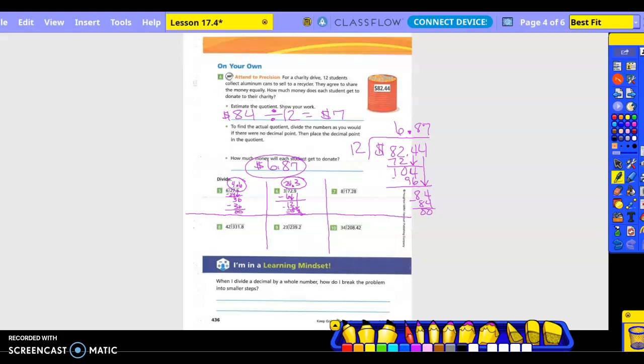Okay, next one. Am I dividing by a whole number? Yes, so my decimal can go straight up. Right, 8 goes into 1, how many times? 0 times. 8 into 17. 2 times. 2 times 8 is 16, 17 minus 16 is 1, bring down the 2. 8 into 12.